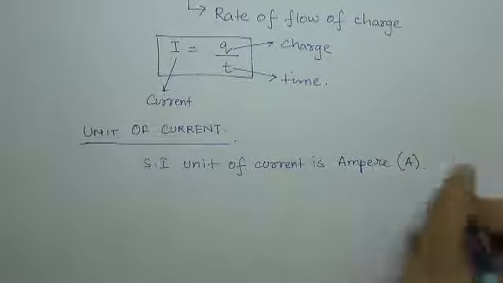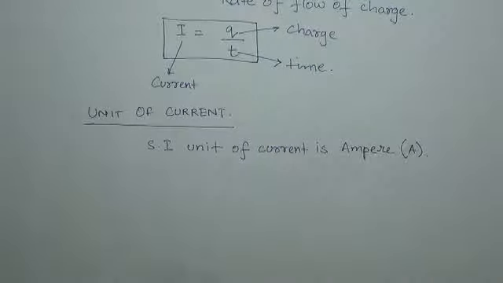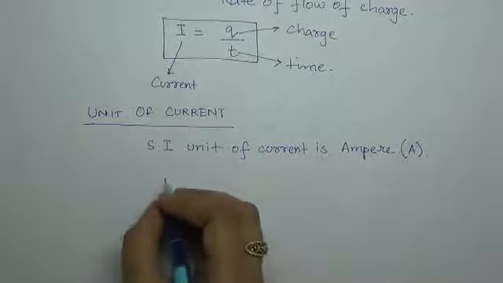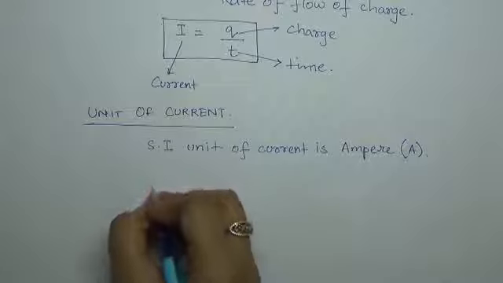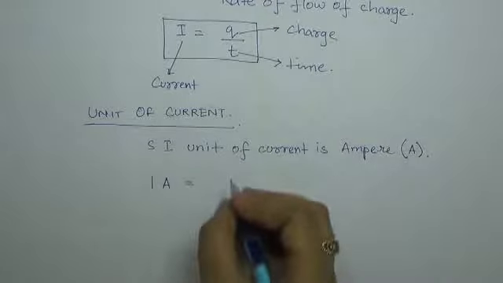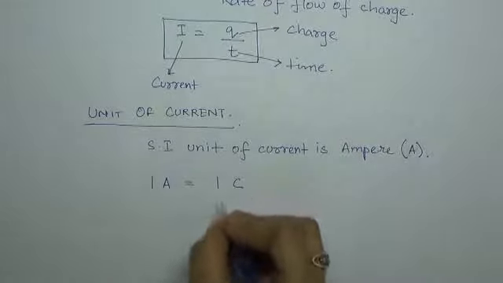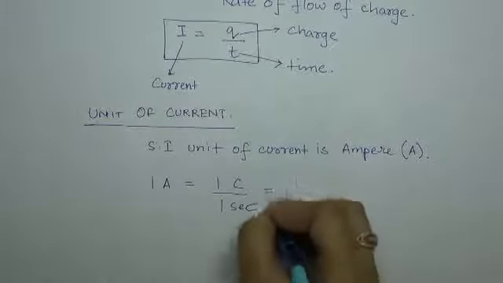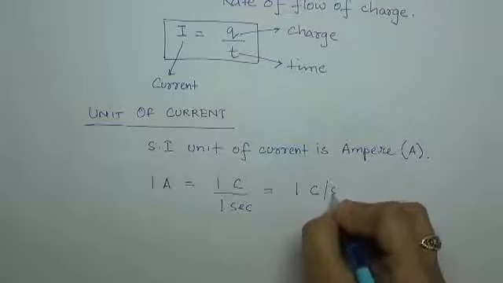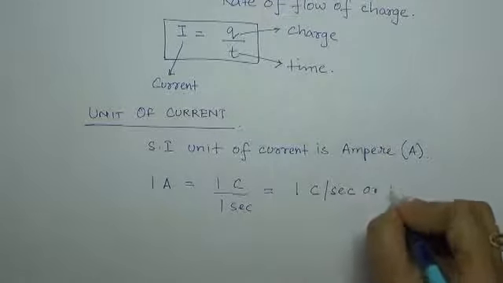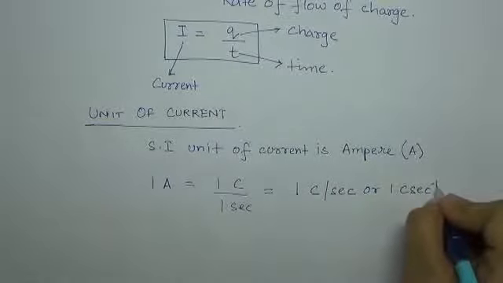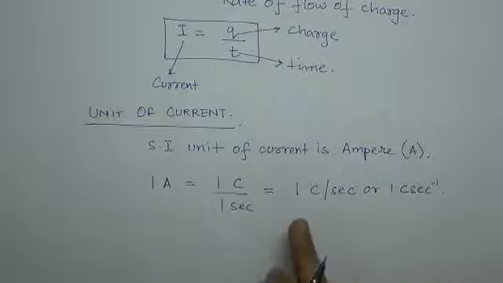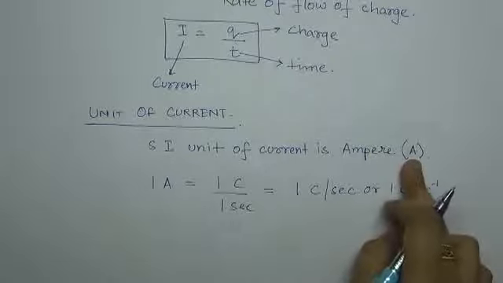It is denoted by the symbol capital A. So how am I going to establish it? With the help of the formula. 1 ampere is equal to 1 coulomb by 1 second. So you can also write it as 1 coulomb per second, or 1 coulomb second inverse. So coulomb per second is also the SI unit of current, which we write as ampere.